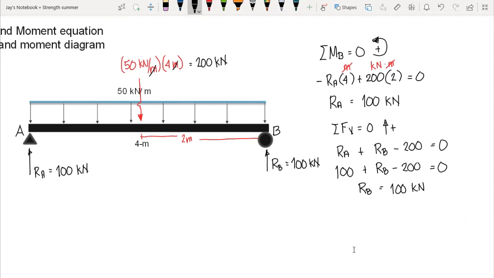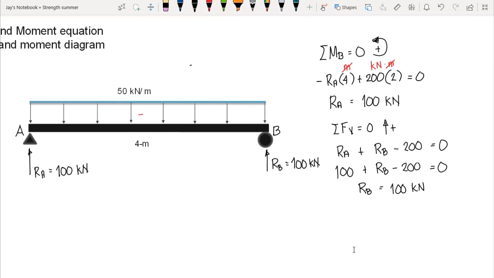So after computing the reactions, we can now proceed to the formulation of the shear and moment equations. We can create these equations by selecting a cut section in our beam. But we have to be mindful of the location of our cut section. We have to look at the continuity behavior of our beam.